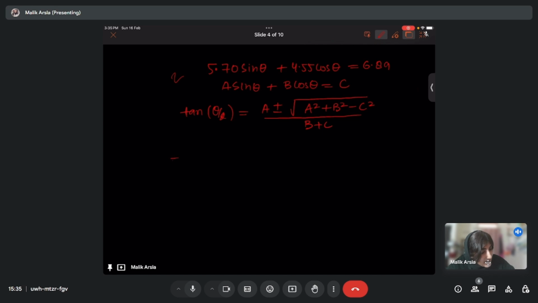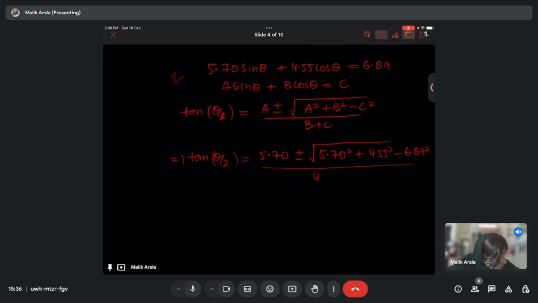So it implies tan of theta by 2 will be equal to 5.70 plus minus under root of 5.70 square plus 4.55 square minus 6.89 square upon 4.55 plus 6.89, right?